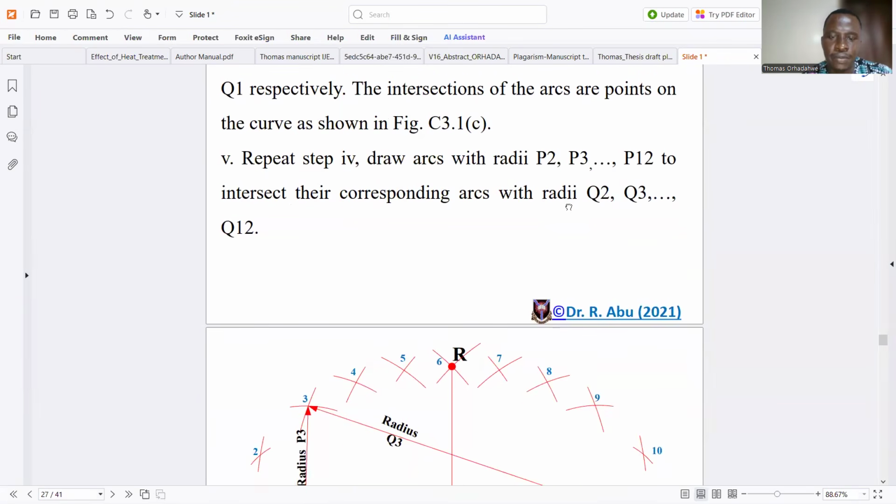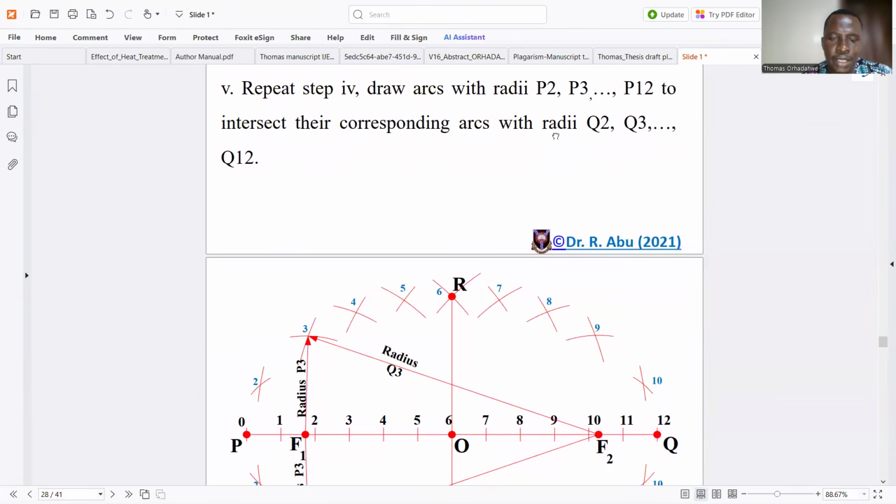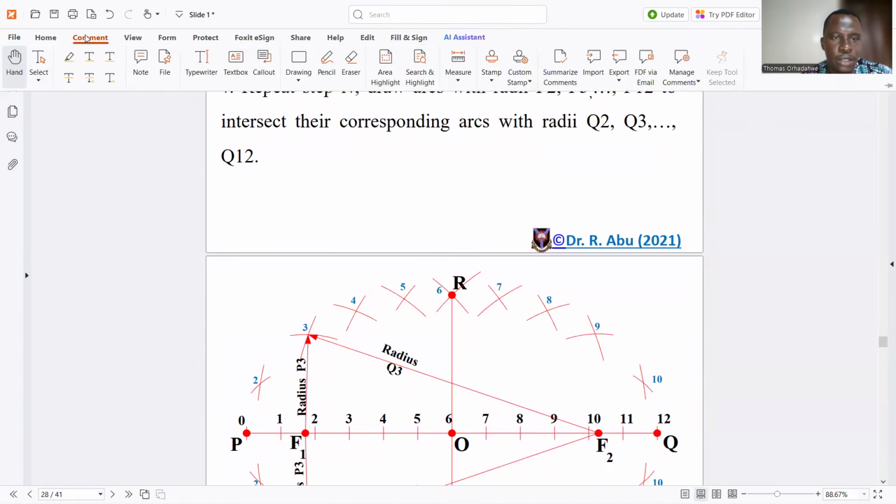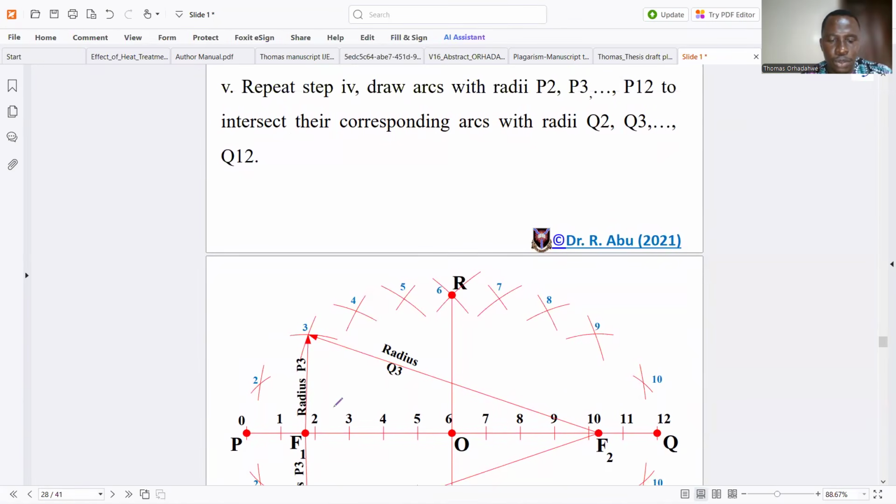What are we saying? With F1 at center and radius P1, in other words, open your compass from P to 1. Put it on F1. Draw an arc down, draw an arc up.